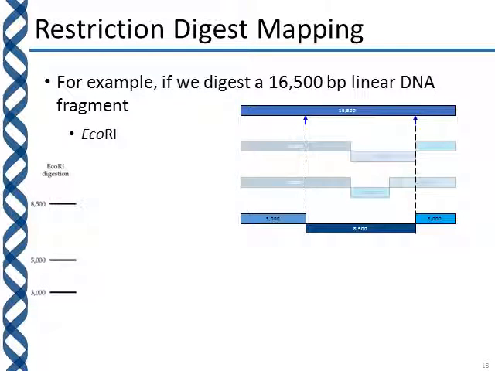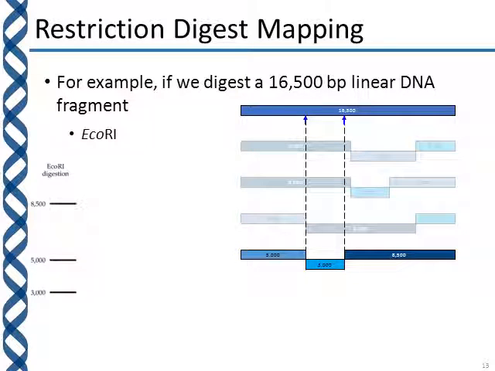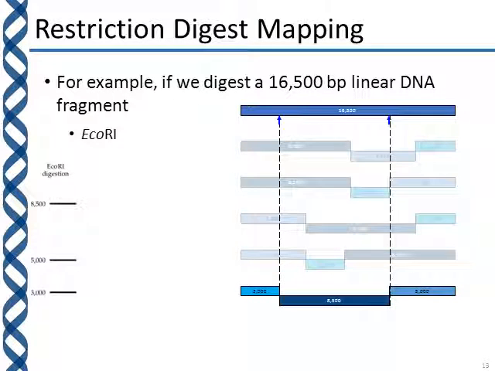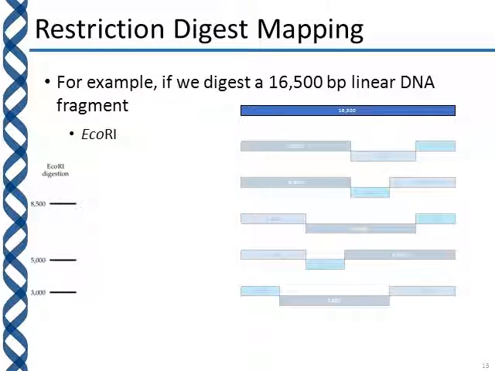Or, again, it could be such that the 5,000 is your initial fragment. Or another alternative. So these are all possible scenarios based on where the recognition sites could be cleaving the linear strand of DNA to result in these three fragments.